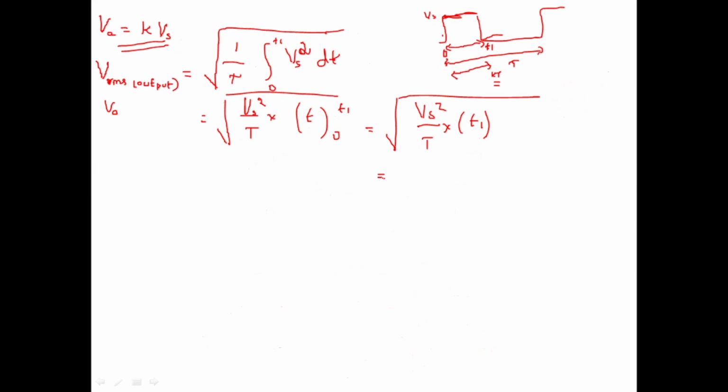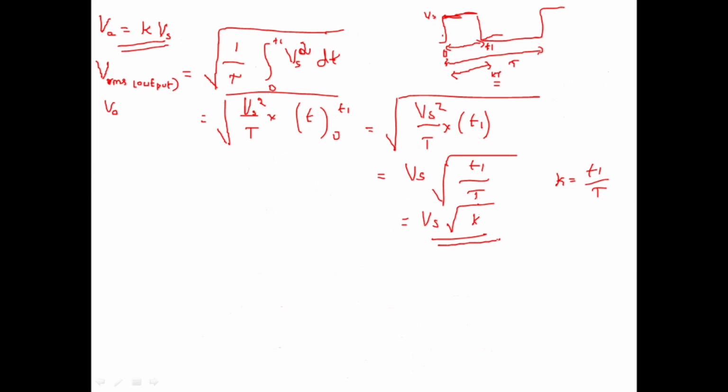This is nothing but Vs, which I can keep outside, root of T1 by T. What is T1 by T? On time by total time, that is nothing but k. We have already used the term k as T1 by T.